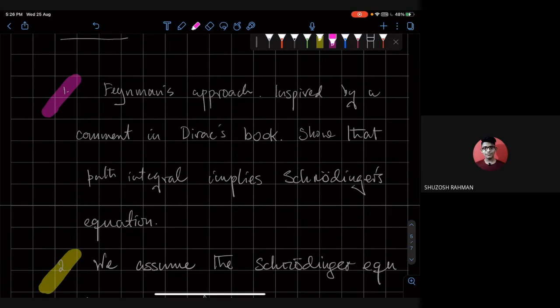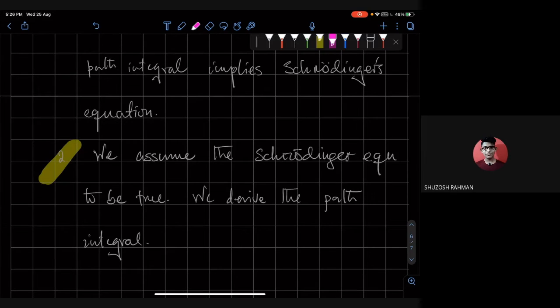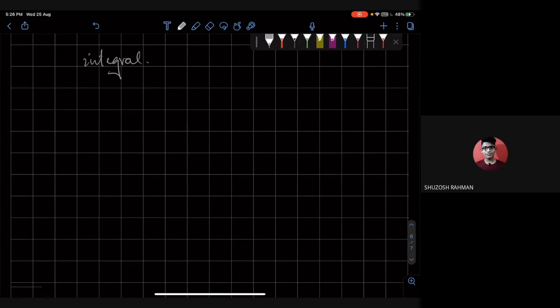Okay, so what we will do today is, without loss of generality, specialize to 1+1 dimensions. It's very easy to generalize this to higher dimensions.